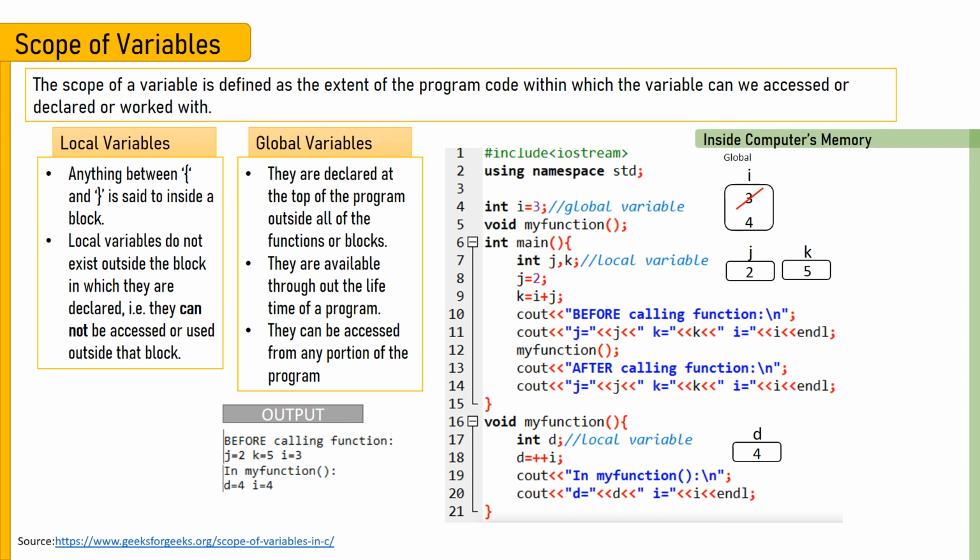So now we display the value of j as 2, k as 5, and meanwhile I is 4. Okay class, now we understand, and I hope all of you also understand the difference between local variable and global variable.